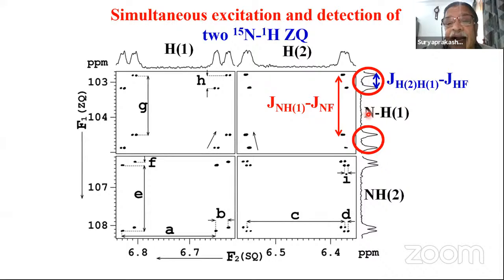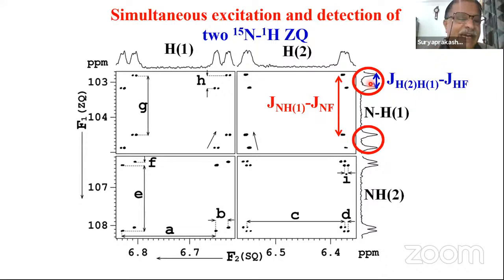But when there is a difference, why does it add up? This can happen only when one of the signs of the coupling is negative. So I'm right. My determination of the sign of the coupling is 100% correct. Whether I do zero quantum or double quantum, what I measured from my NMR experiment is perfect.